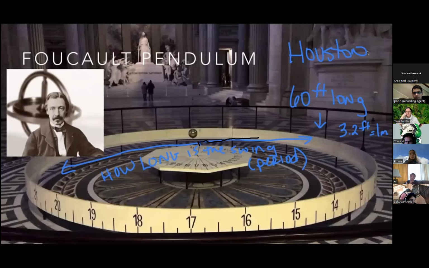Right, somebody has their hand up. Are you going to say what the Foucault pendulum does? Yeah, it tells that the Earth rotates, except if you had one on the equator. That's right, you do need to get the north, but you can calculate the difference. Anybody in Houston been to the Houston museum?